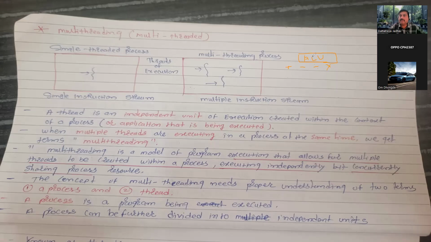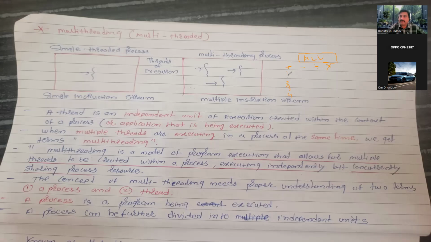So the ALU has four instructions, right? Addition also contains a number of additions: addition of one number, two numbers, three numbers, four numbers, five numbers, like that. So this addition contains four to five instructions.